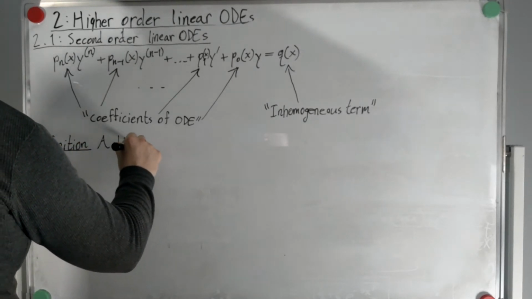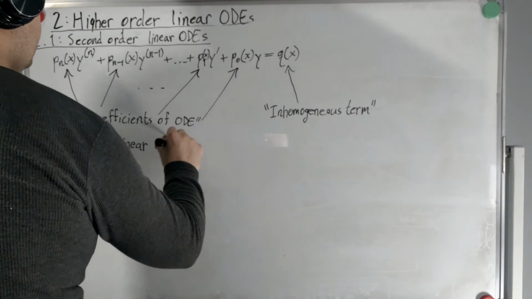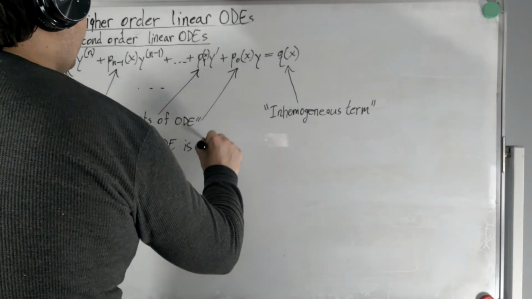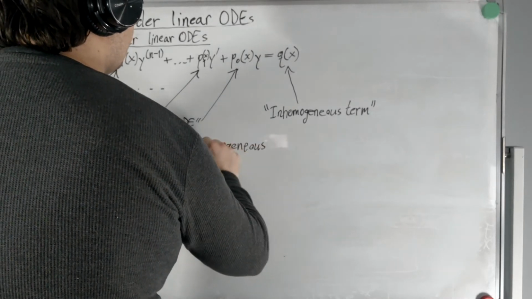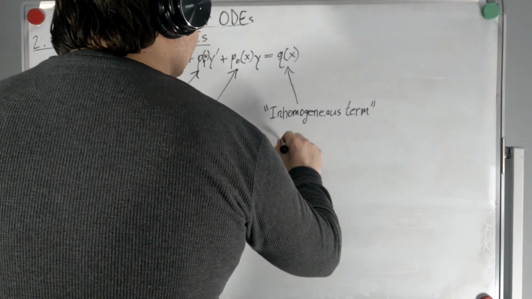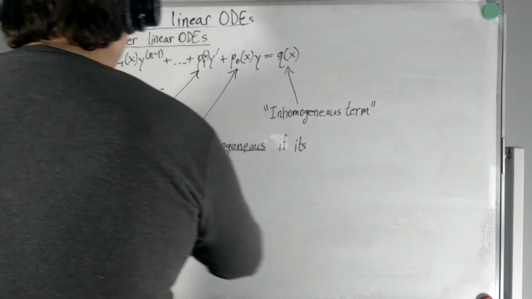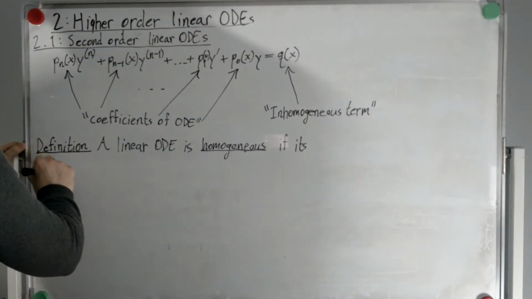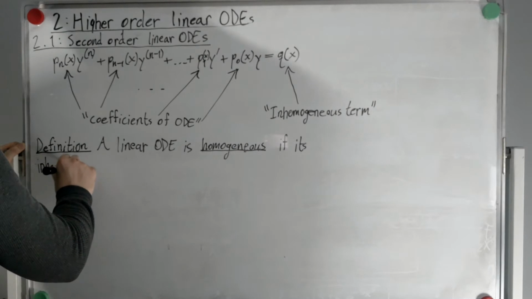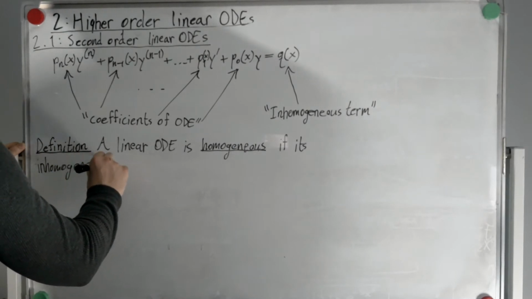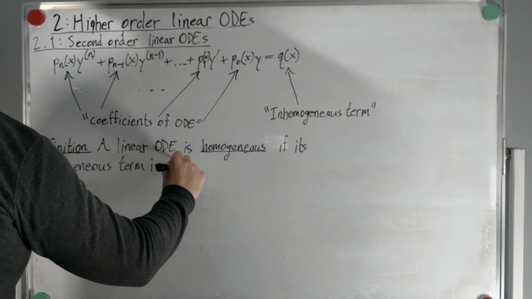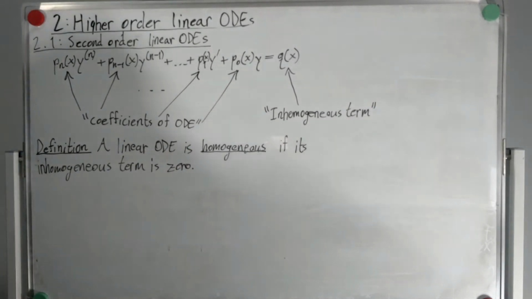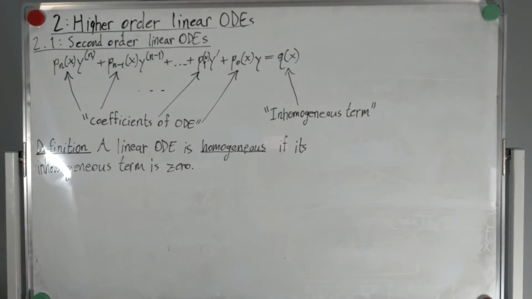A linear ODE is homogeneous if its inhomogeneous term is constantly 0. So the constant function 0.